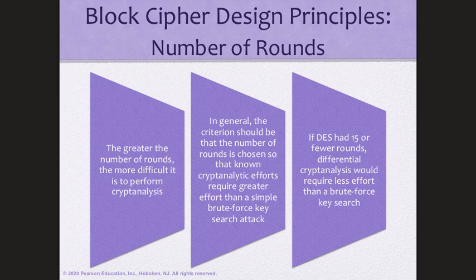But it was found, given a particular mathematical analysis of the system, that if you stop at 15, a brute force attack would be more complicated than breaking the system using its own structure and cryptanalysis. While if you go to 16, then brute force becomes a simpler way.